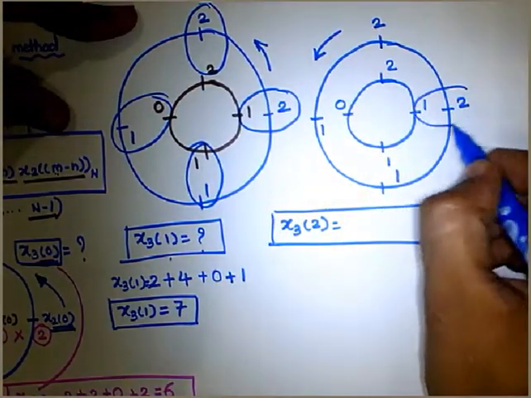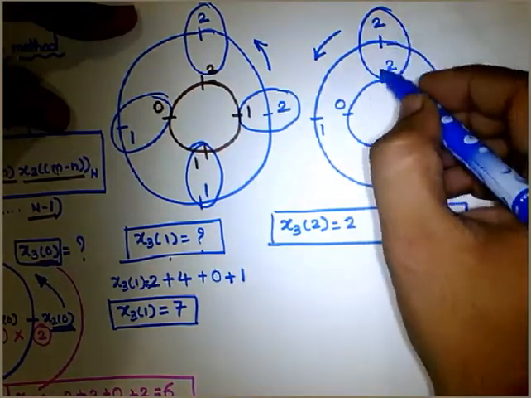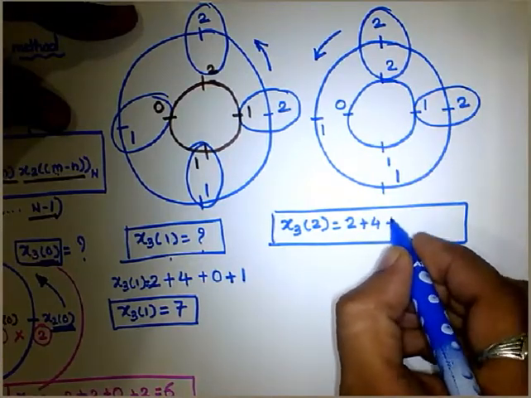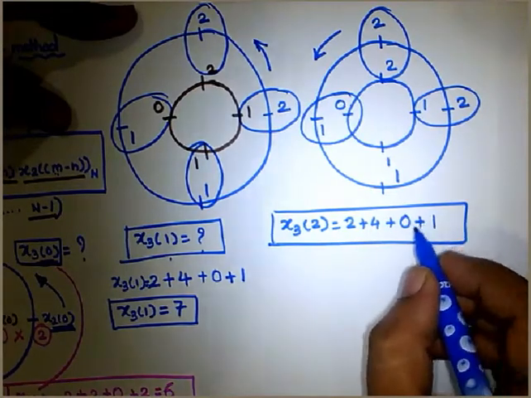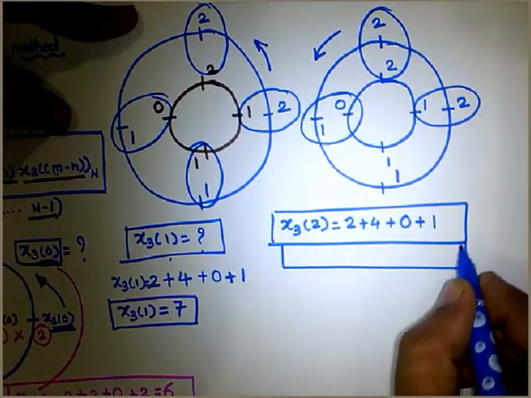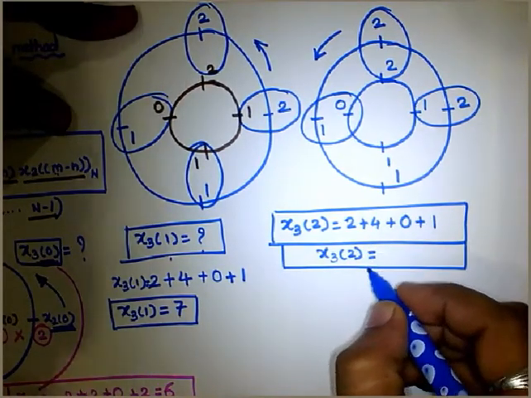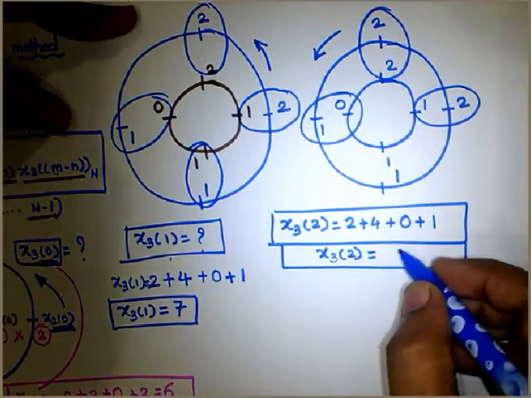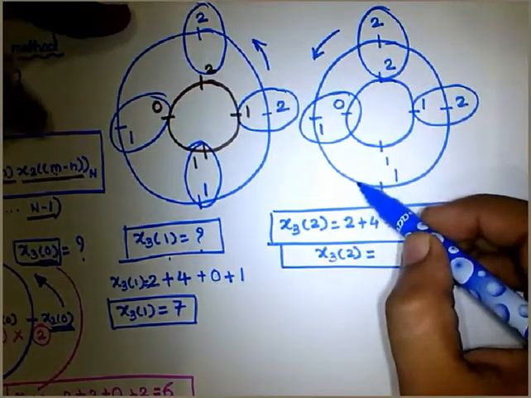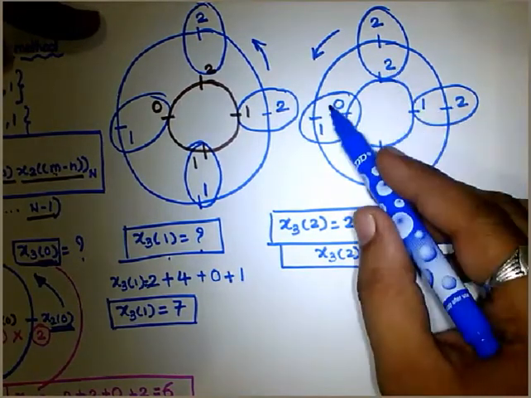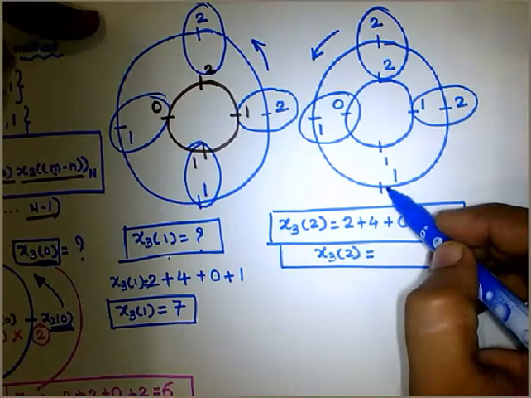Now multiply: 1 into 2 is 2, plus 2 into 2 is 4, plus 1 into 0 is 0, plus 1 into 1 is 1. So overall x3 of 2 will be the value, let me just write it down. The values are 2, 2, 1, 1, and 1, 2, 0, 1.